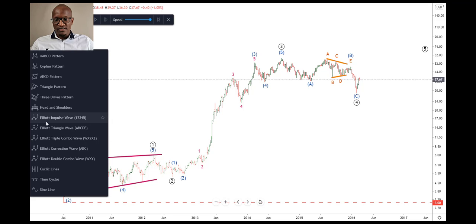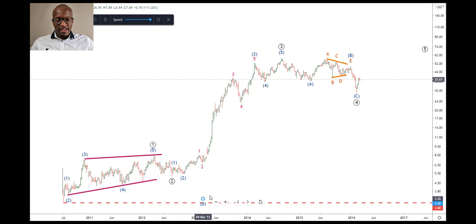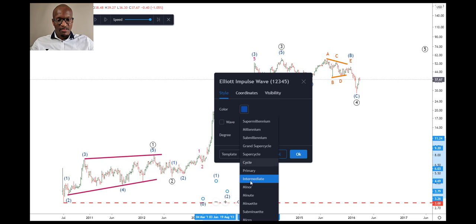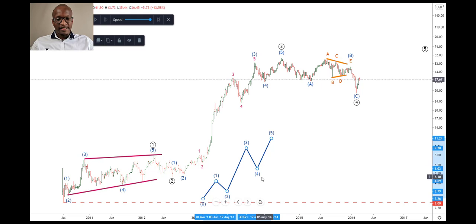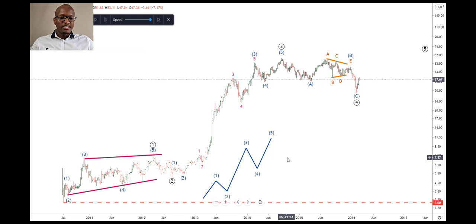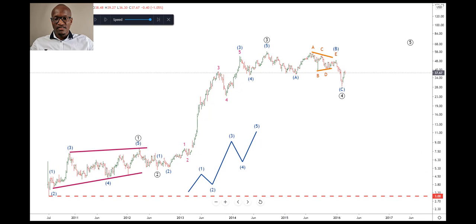In an impulse, we will have 1, 2, 3, 4, 5. That's an impulse. And what differentiates an impulse from an ending diagonal is, in an impulse, wave 4 does not terminate in the price territory of wave 1, whereas in a diagonal, we get overlap.